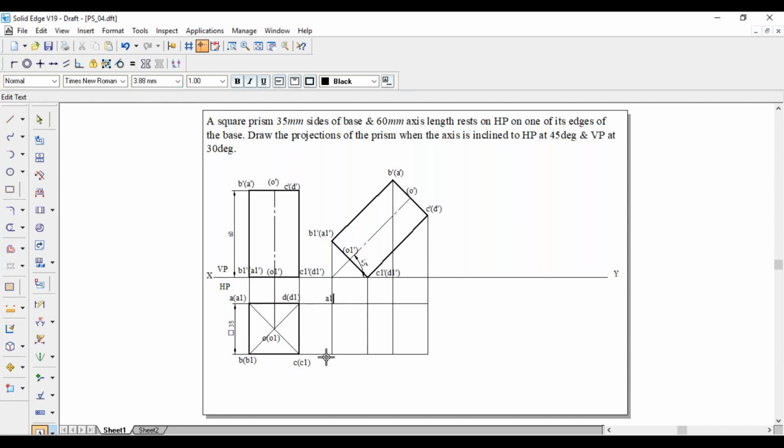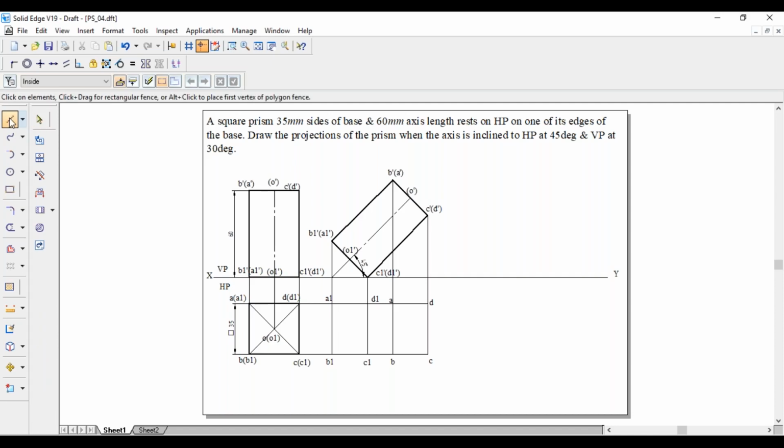A1, B1, C1, D1, similarly A, B, C, D. All the outer points are visible.